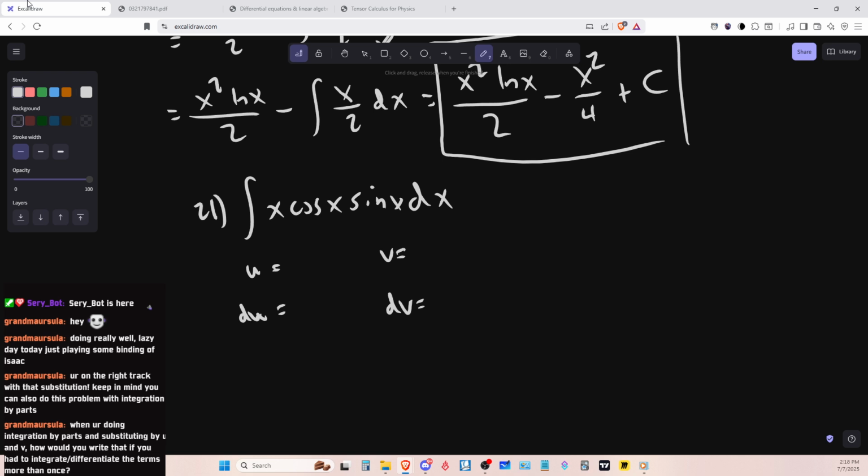So we have cosine and sine. I feel like this might be a trig identity of some kind. I just don't know which one it is. Because I feel like we can rewrite this somehow, so it's like 2 things instead of 3 things.